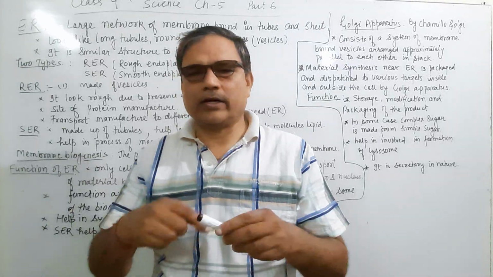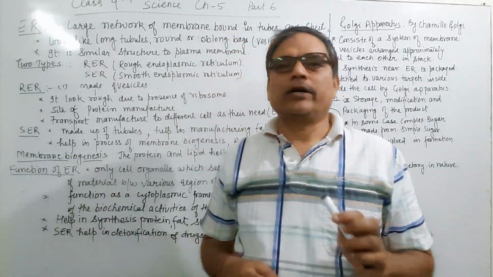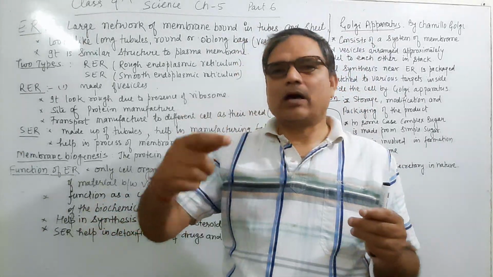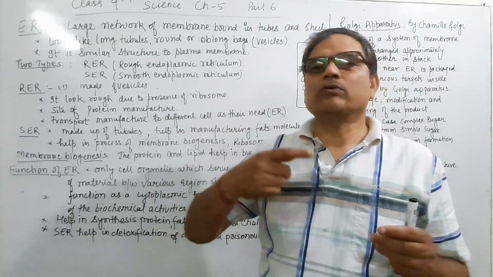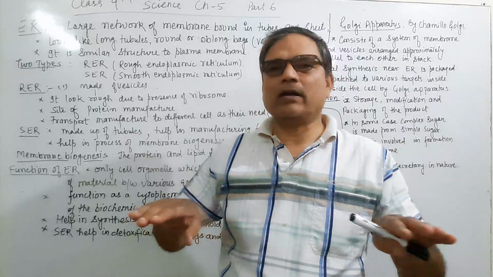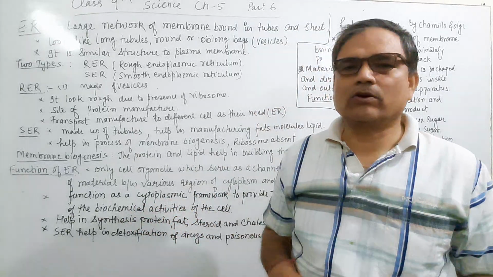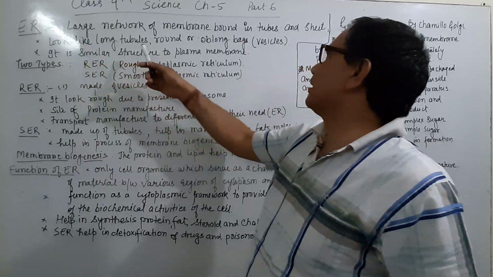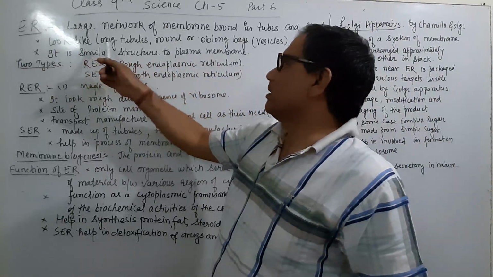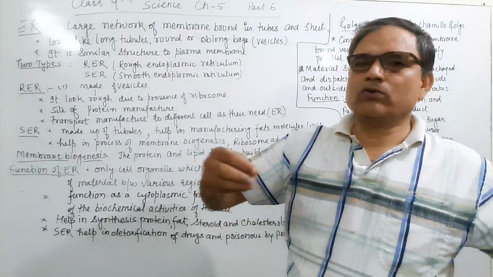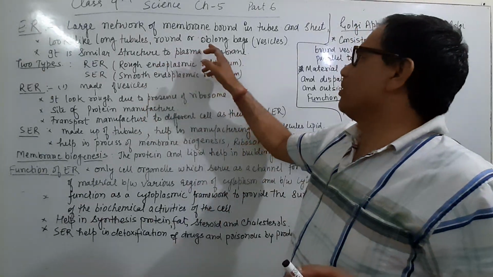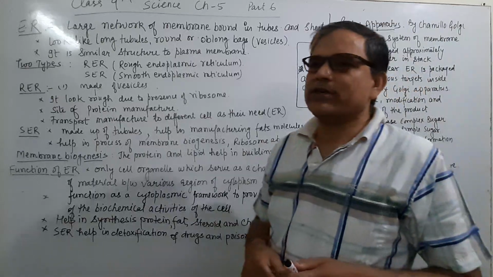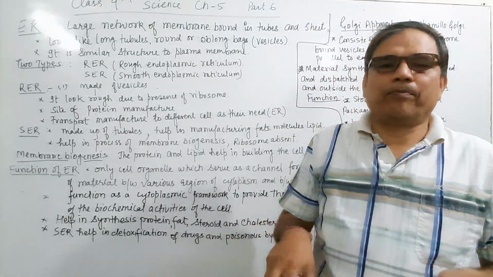It is similar to the plasma membrane, and these membranes are in the form of sheets or tubes. They look like long tubules, that is, long tubes, and round or oblong bags, vesicles.